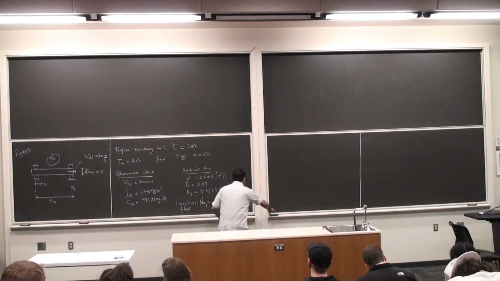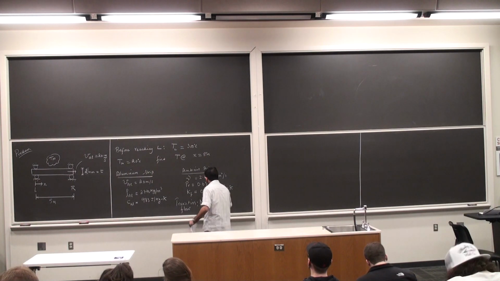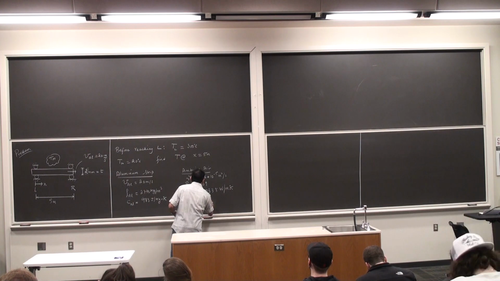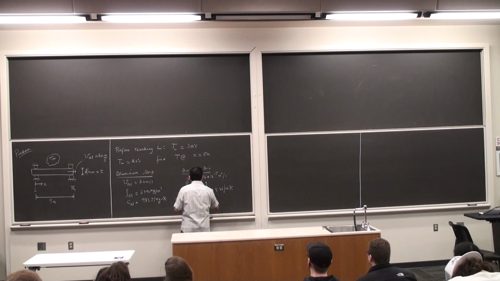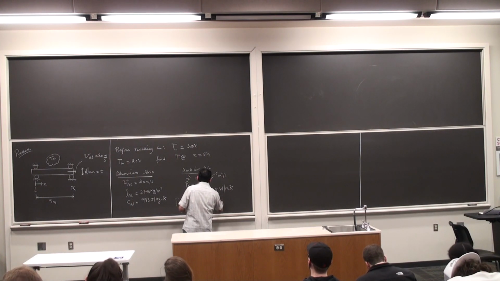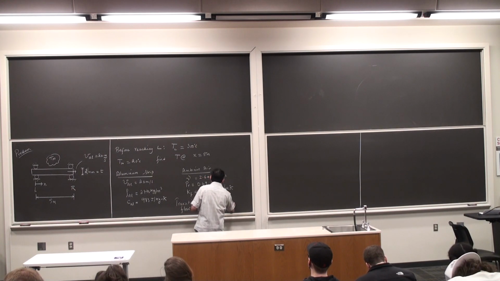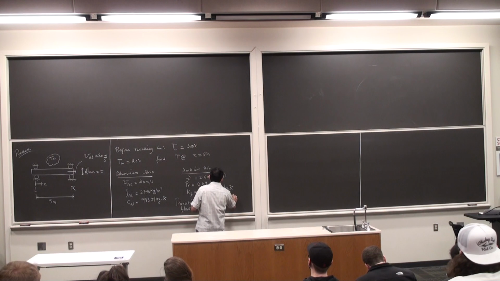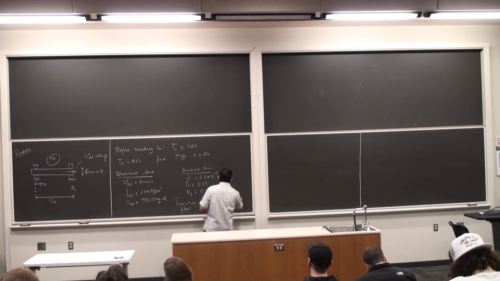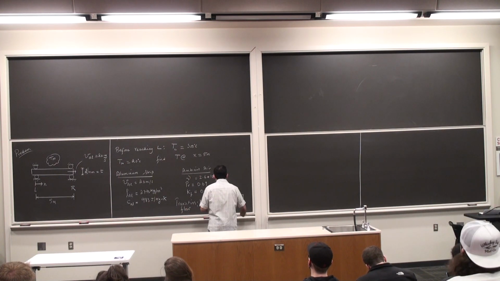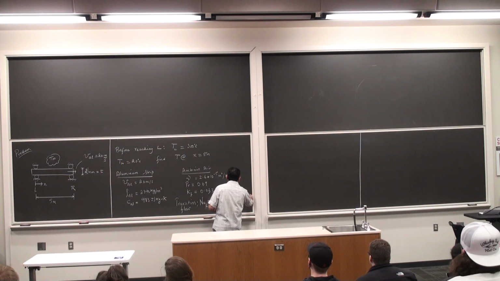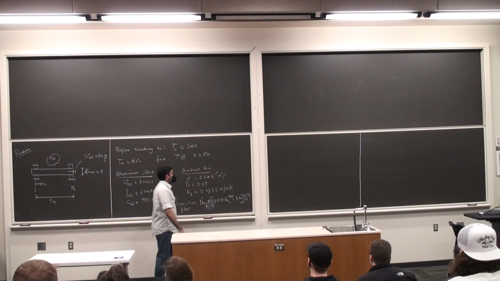You're given the average Nusselt number, NuL, is 0.037 ReL to the power 4/5 minus 871, Pr to the power 1/3.